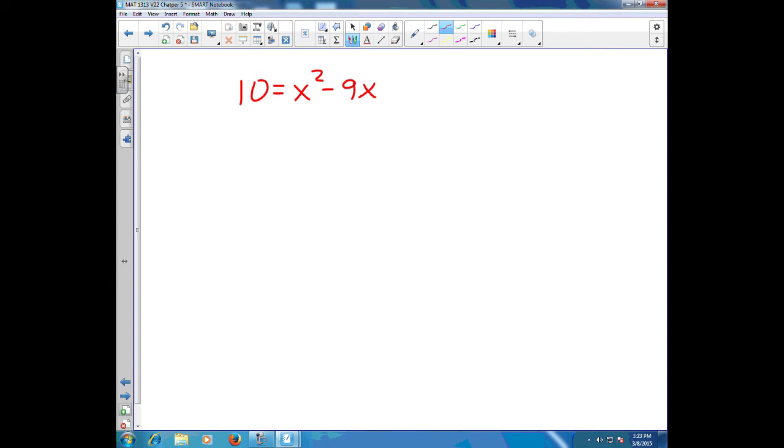Here we have a quadratic equation. We can move everything to one side by just subtracting 10 from both sides. And what we get is x squared minus 9x minus 10 is equal to 0.